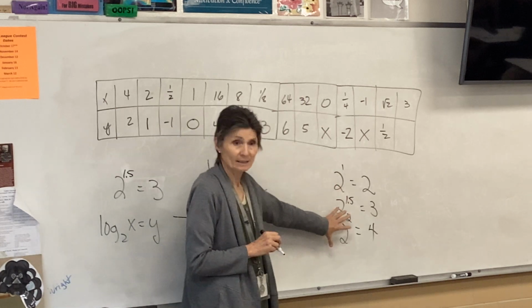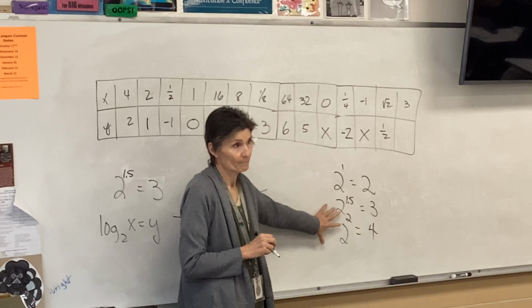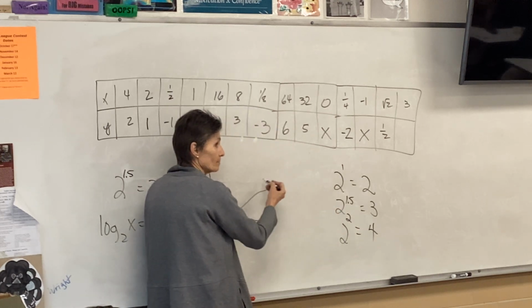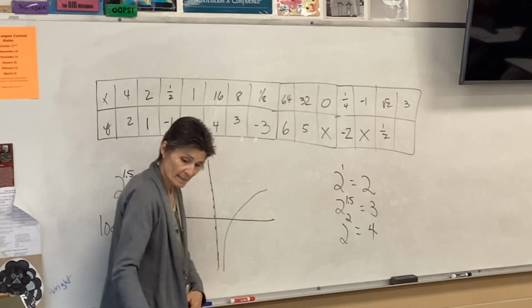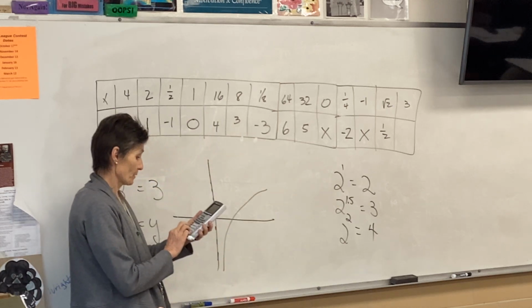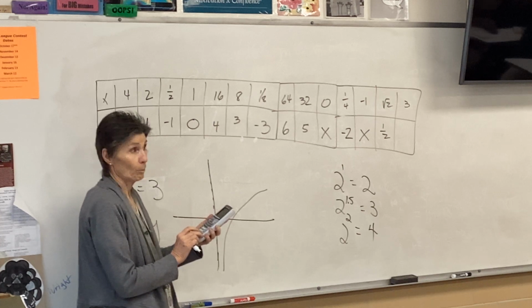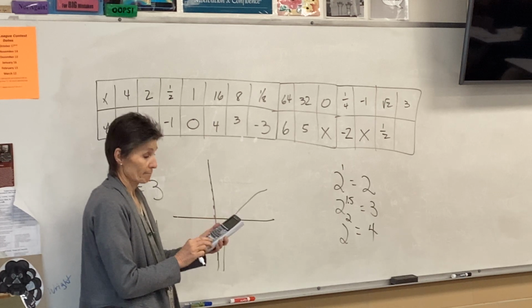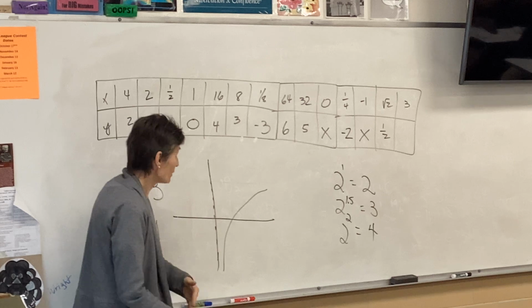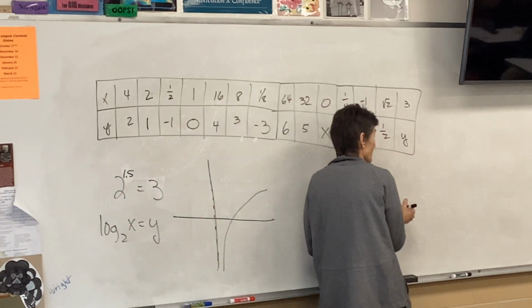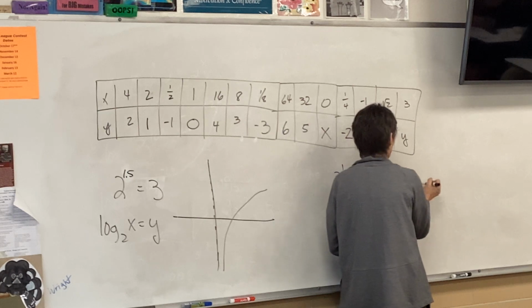This would be a linear relationship. And is this a linear thing? No. So what is 2 to the 1.5? 2.8? So how can we figure out what this number needs to be? 2 to the y is 3.